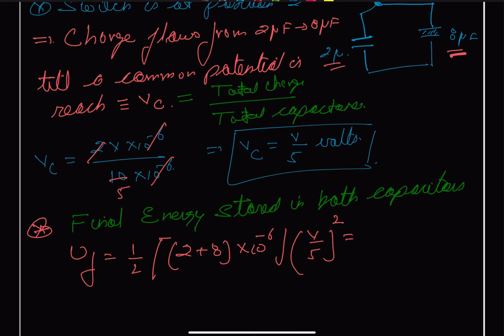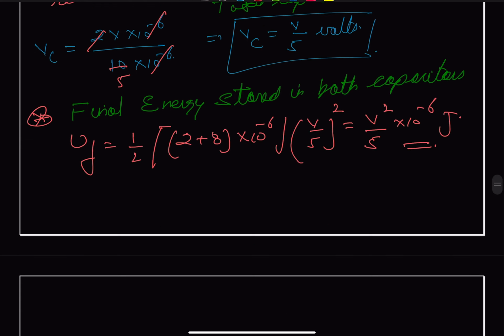So 2 by 5 is 10 by 10, which gives us 5, 5 goes with 5, and this is our 5 square, so we are left with only V square by 5 into 10 to the power minus 6 joules.